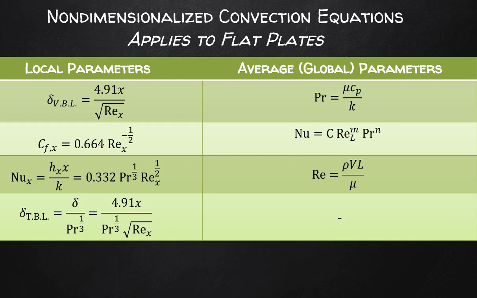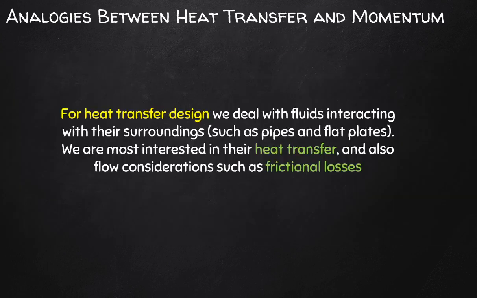Alright, and we'll have a look at this when we look at flow across tubes and inside tubes as well. We will often use the convective heat transfer coefficient in deciding how well heat is being transferred across certain heat exchange equipment.